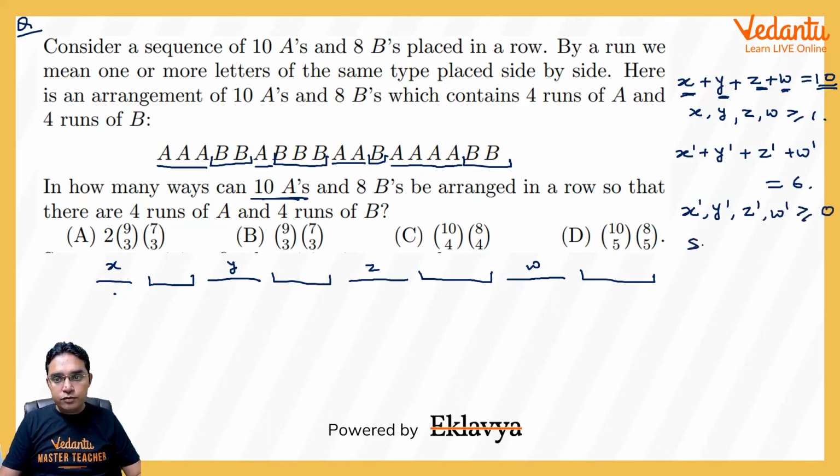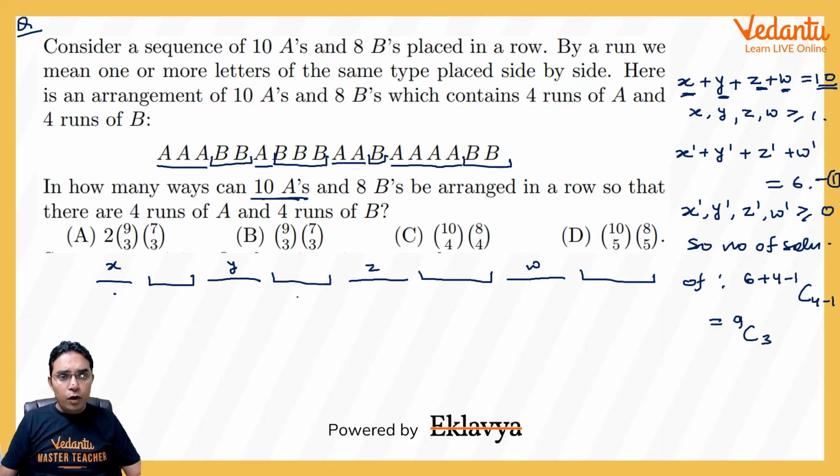Let me call this equation 1. The number of solutions of 1 would be, as you know, n plus r minus 1 C r minus 1, where n is the number of coins, 6, and r is the number of beggars, 4. So we will get this as 9C3.